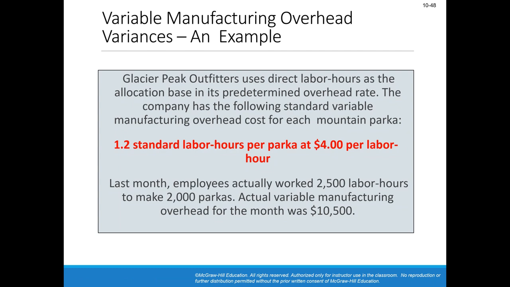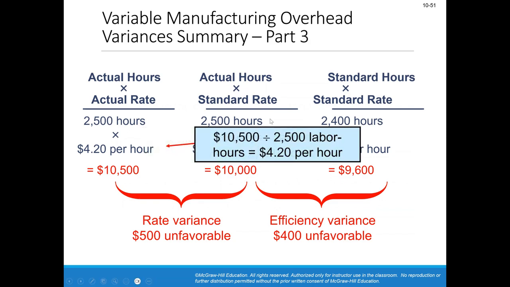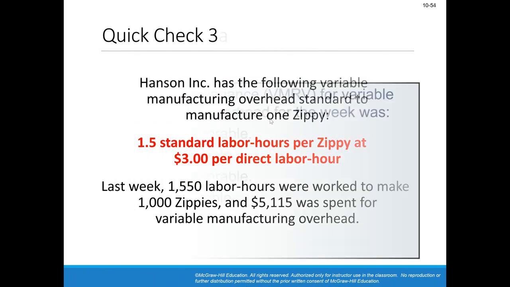And so you are going to be absorbing more overhead than actuality, assuming that your overhead amount is correct. And so you have to take this with a little grain of salt because it is dependent upon labor hours. So if your labor hours are off, that's going to throw this off as well. But the computations are still the same.